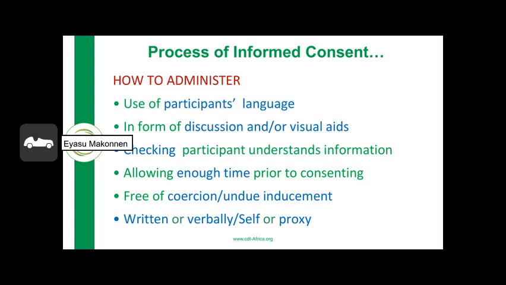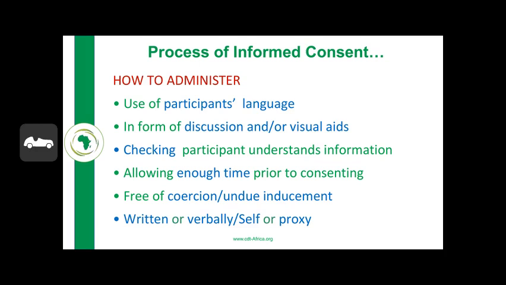Informed consent process has to be administered using participants' language. It's preferable if it is done in the form of discussion and or visual aids. Once the information is given, it's good to check whether the participant has understood the information given.